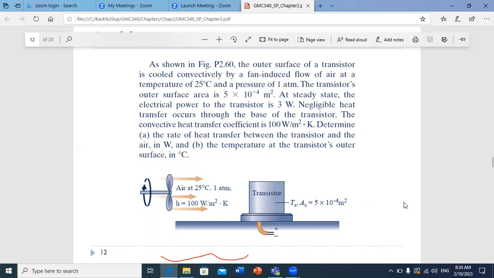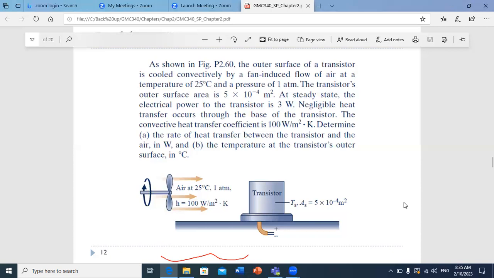At steady state, the electrical power to the transistor is 3 watt. Negligible heat transfer occurs through the base of the transistor. The convective heat transfer coefficient is 1000 watt per meter square Kelvin. Determine first the rate of heat transfer between the transistor and the air in watt, and the temperature at the transistor's outer surface.